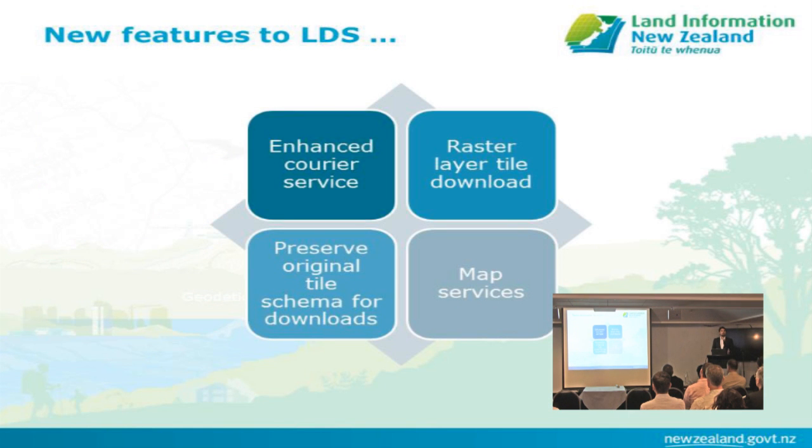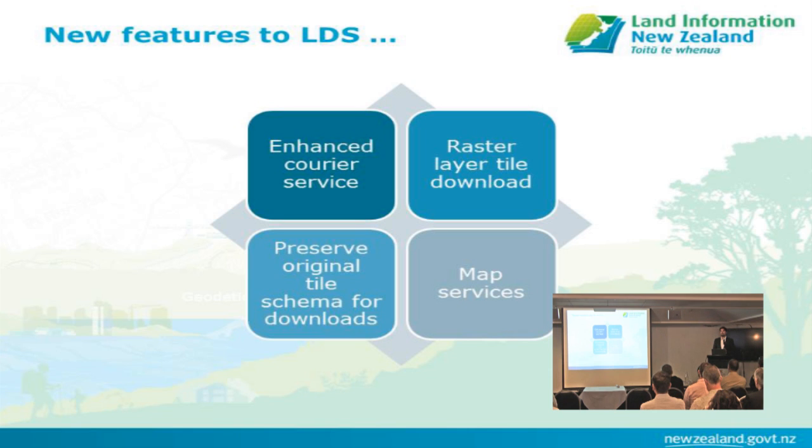So now I'll go through some of the new features that have been launched on the LINZ data service over the last wee while. The first of these features I'll talk about relate to us getting the national imagery across the line. The first one is that we've improved our current courier service option so that you'll be able to do massive courier orders.